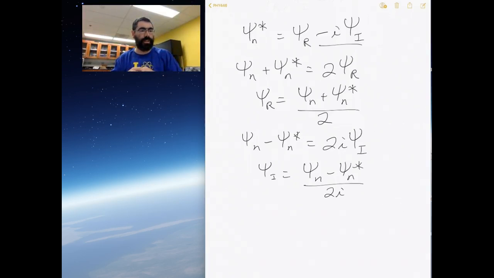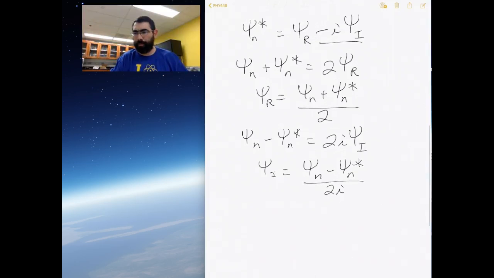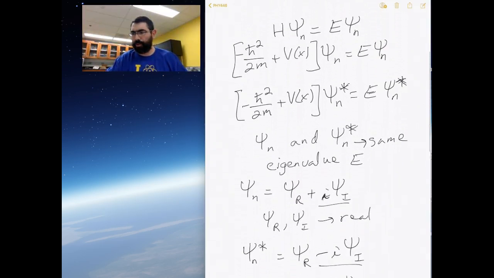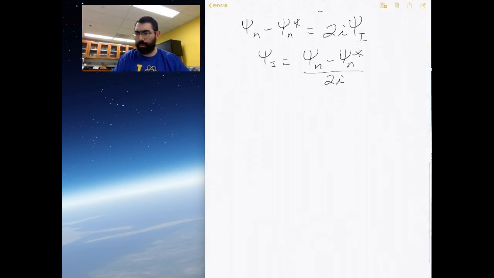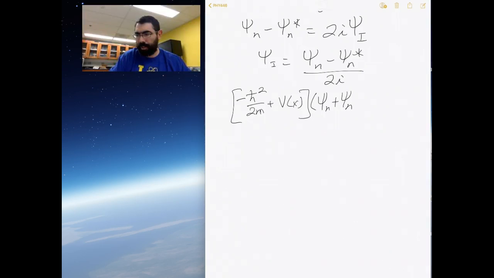So now we can try to rewrite the Schrodinger equations we had before. We have these two Schrodinger equations up here. If I add those two equations together, I get the Hamiltonian operator times psi n plus psi star equals the energy times psi plus psi star.